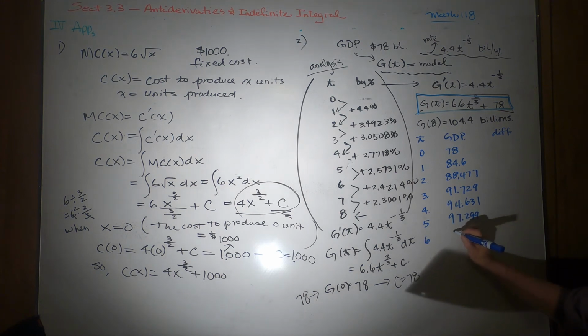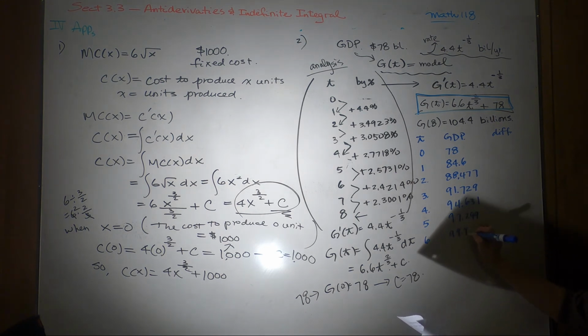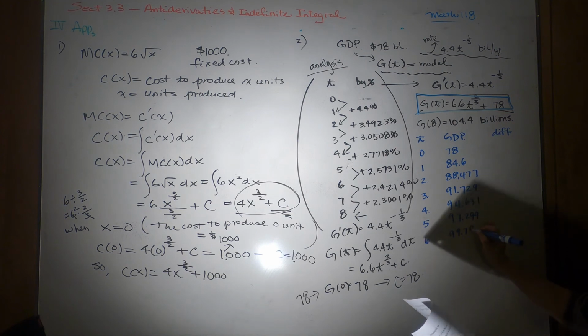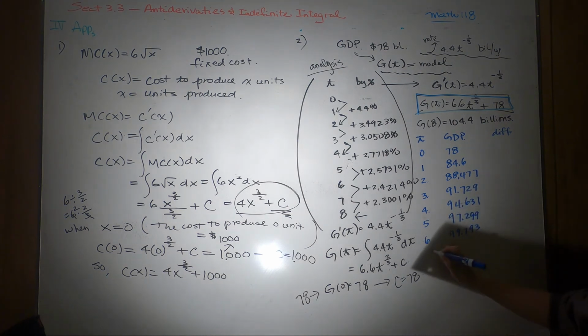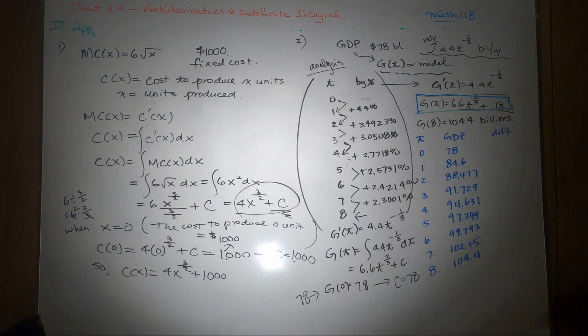After the 6th year, I should have 99.793. Right? Then after the 7th year, I should have 102.15. After the 8th year, 104.4 billion.